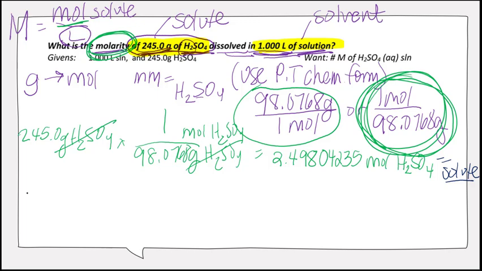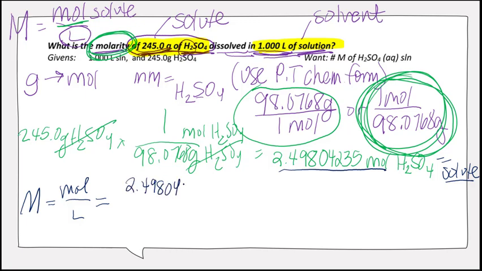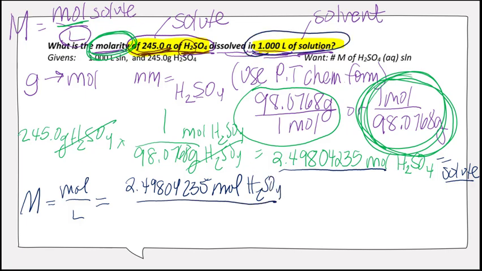All right, now remember, molarity is moles per liter. So now we're going to plug in the moles that we just found, the 2.49804235 moles of H2SO4 divided by how many liters of solution? The 1.000.